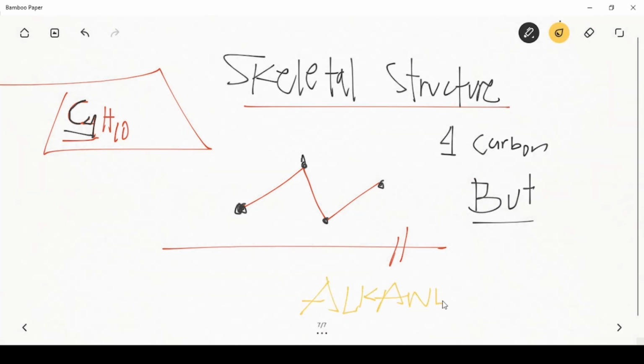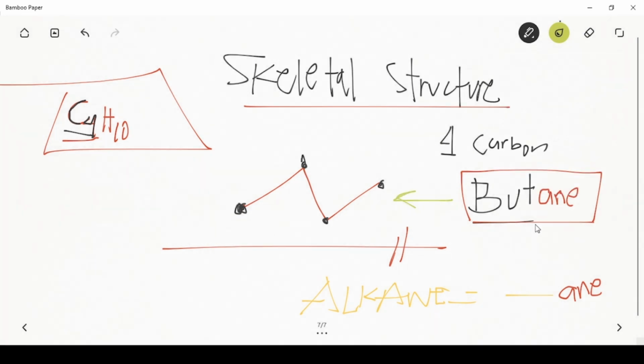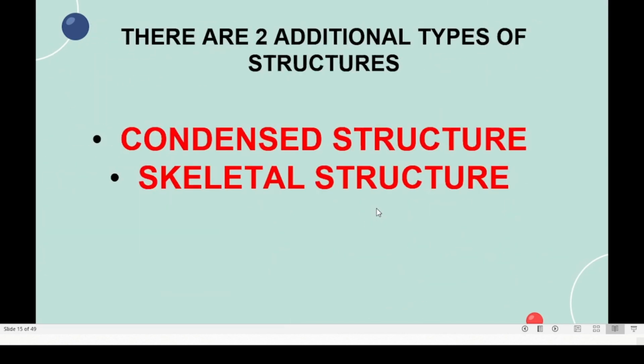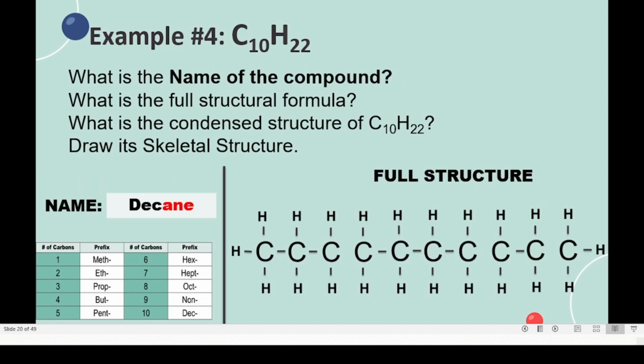An alkane has a suffix of ane. Therefore, we're going to add ane to the name. So, the name of this skeletal structure is butane or C4H10. Get it? Okay, I hope so. Now let's proceed. Okay, that's how you're going to write the skeletal structure.